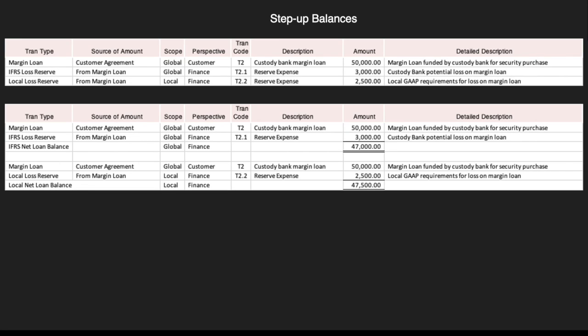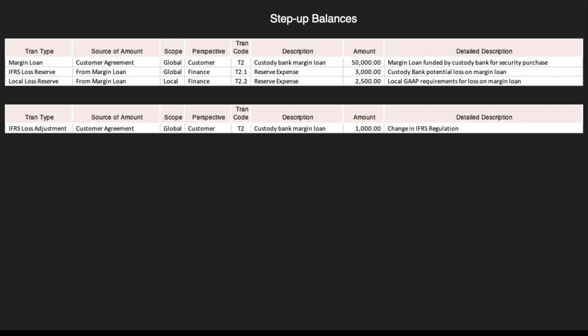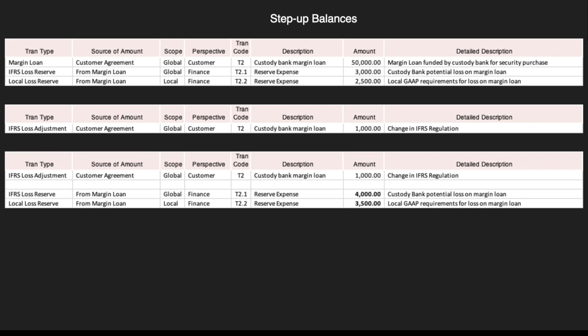If the balances are calculated and maintained separately, when it comes time to calculate the local net balance versus the IFRS net balance, they must be calculated independently. This isn't a problem unless an adjustment comes through that changes the IFRS balance, in which case the adjustment will either have to be duplicated for the local balance or it will have to be applied both to the IFRS balance and the local reserve.